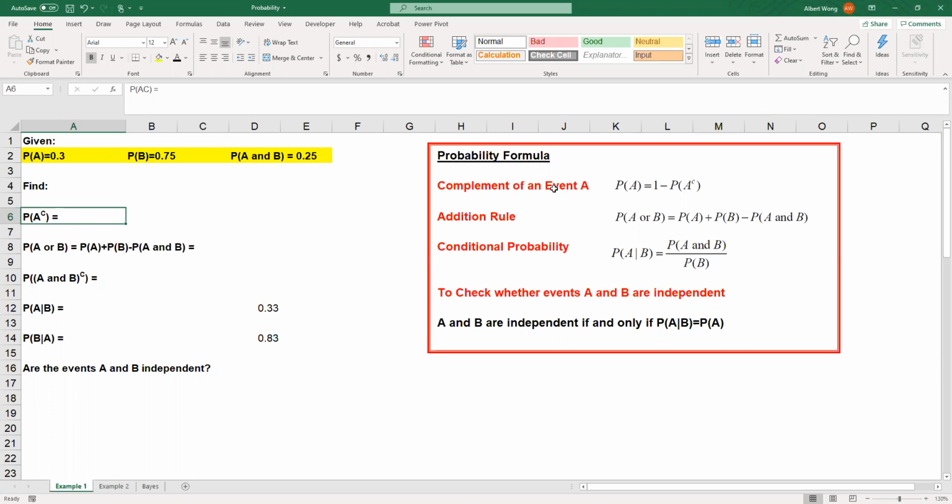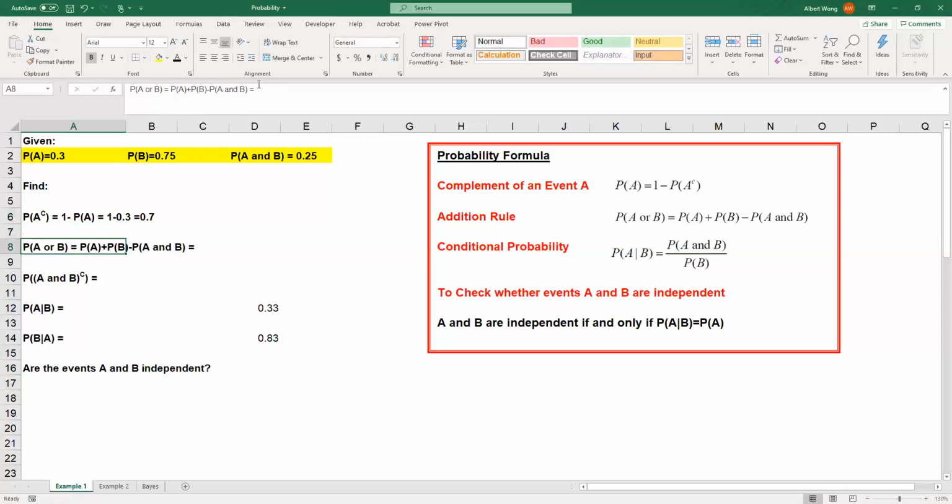The probability of A is equal to 1 minus the probability of the complement of event A. So in this case, we can do 1 minus the probability of A. A complement is the complement of the event A, right? So once we write this out, we can calculate the probability very easily. In this case, it would be 1 minus 0.3, which is equal to 0.7.